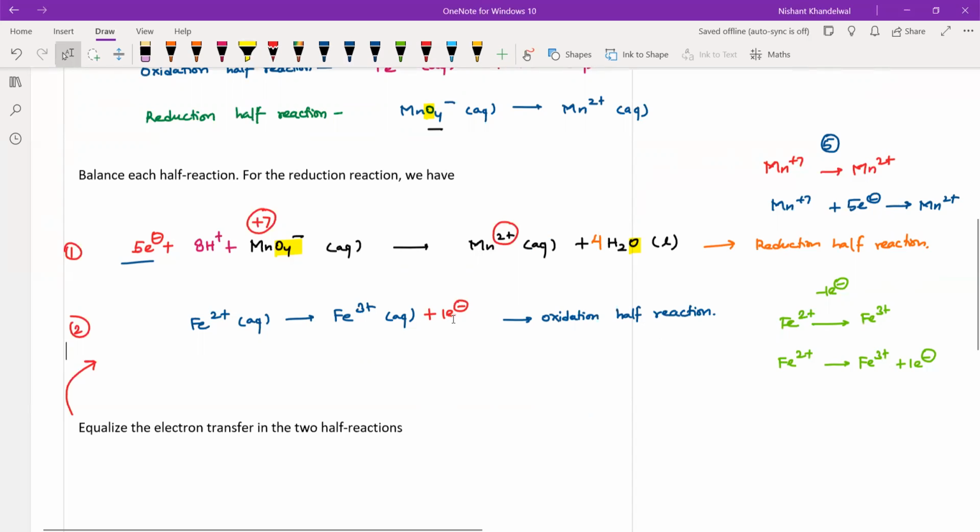How can this be possible? See, here are five electrons, and here is one electron. They will not cancel each other. So we multiply equation 2 by 5. So we will get 5 Fe, and the electron count changes to 5. And now we will add up these two equations.